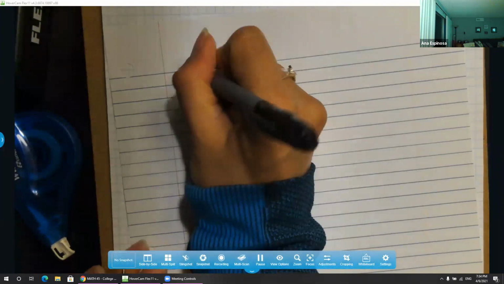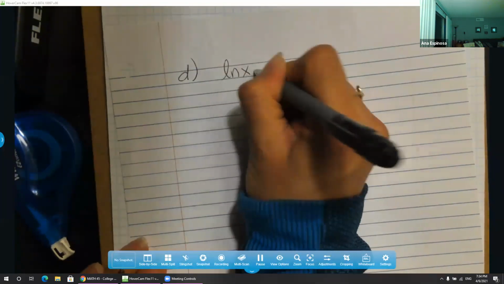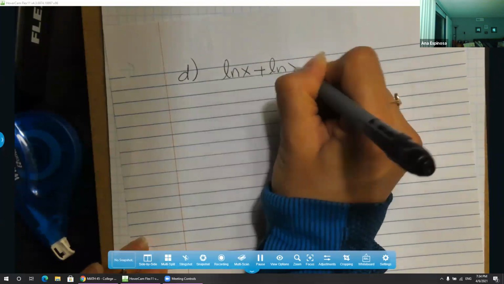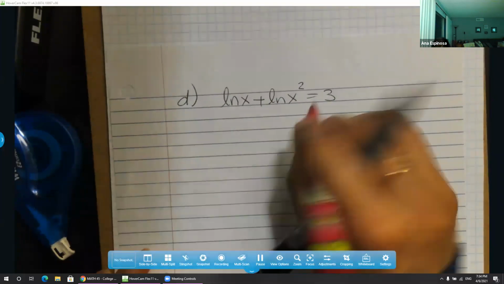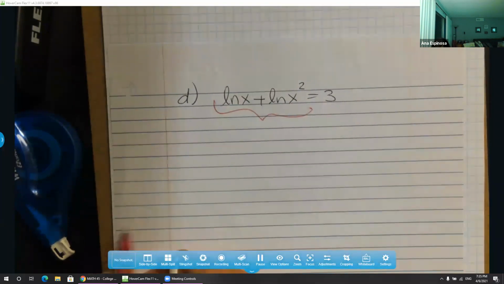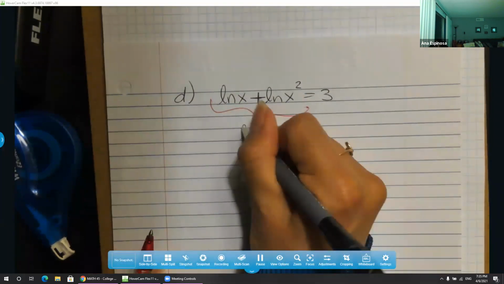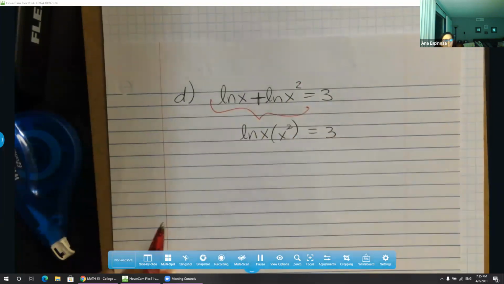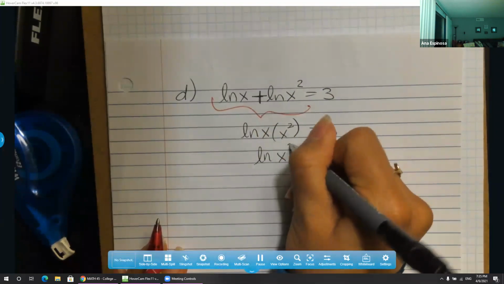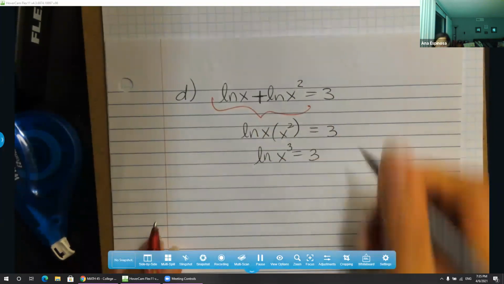D says ln of x plus ln of x squared equals 3. Check out that the left has two ln's with a plus in between. So you're going to multiply them together. So that's ln of x cubed equals 3.